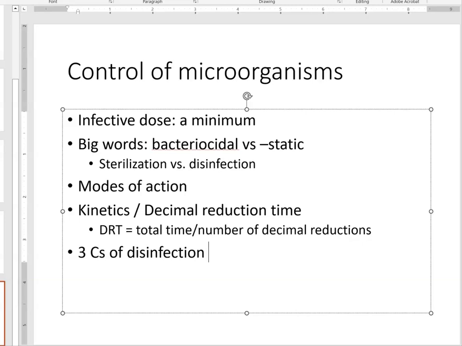If you put even bleach, which is my favorite thing, on a surface to kill endospores, it doesn't work instantly. It takes time to get into them, and each one has a certain probability of dying in a certain amount of time. And so it takes a certain amount of time to kill them all. And it may be short, like a minute or 5 minutes, but it's not instantaneous, and you can't pretend it is.